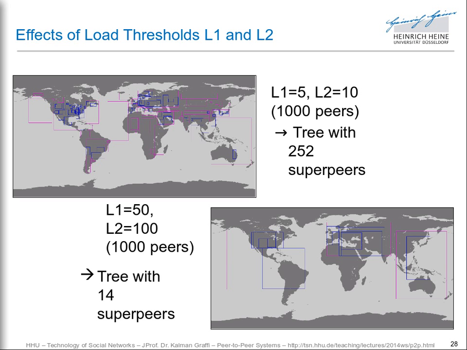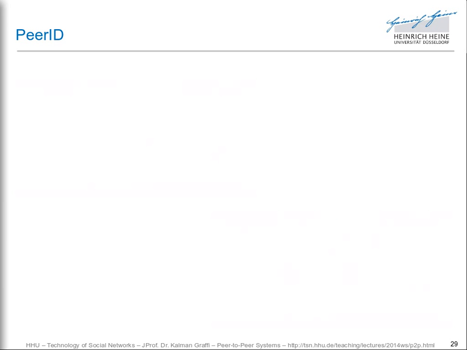This is why we have a lot of zones here. I hope you see this. Over there we have a lot of zones. So here we have a tree with 252 super peers. In this example we have L1 set to 50 and L2 set to 100, again 1000 peers. And here we have only a tree with 14 super peers. Just an example to understand this.